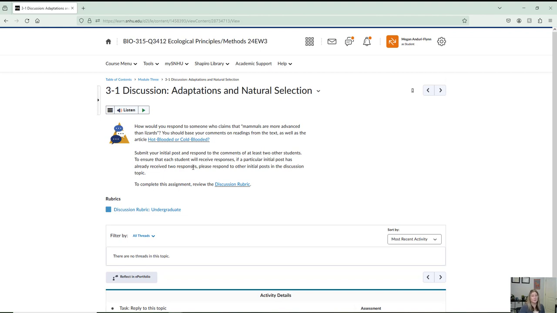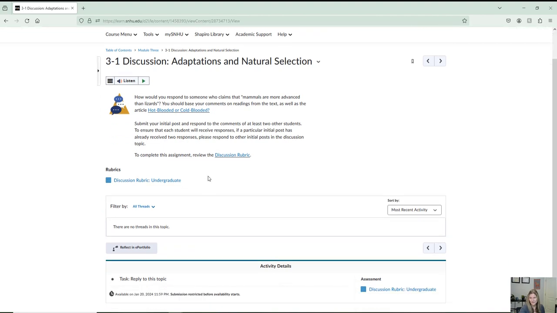If it's the same, well, add new evidence to support that opinion. So again, that's a way that you can include extra research to back up what they've stated. If you disagree with their opinion, of course, explain why, and then again, add in that research-based evidence. Each of these response posts needs to be submitted by Sunday midnight.